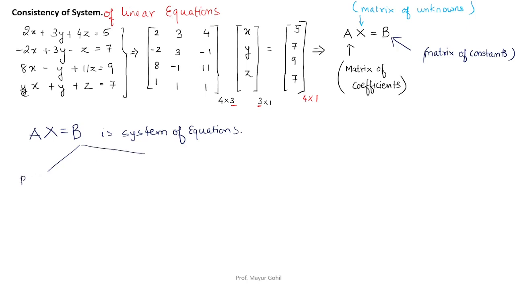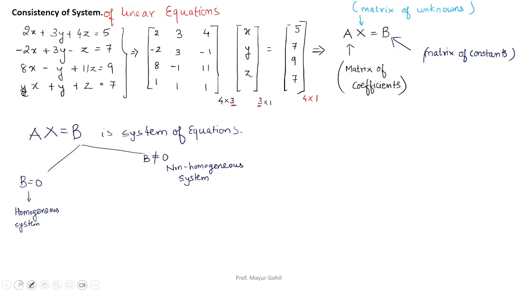If B is equal to 0, then it is a homogeneous system, and if B is not equal to 0, like what you can see here in 4 cross 1, then it is a non-homogeneous system.